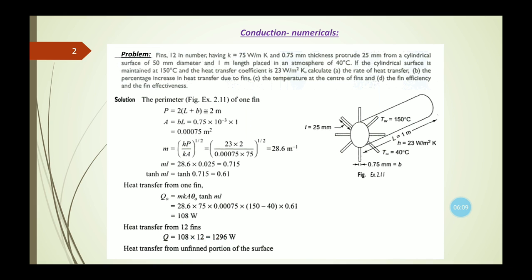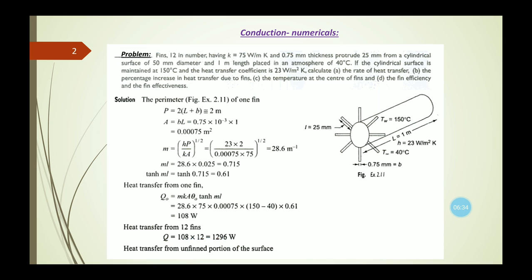So as in this numerical 12 fins are used, the heat transfer from these 12 fins can be calculated by multiplying the value of Q with 12. So ultimately the heat transfer from the 12 fins we are getting is 1296 watt.